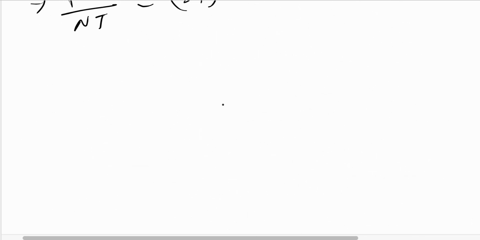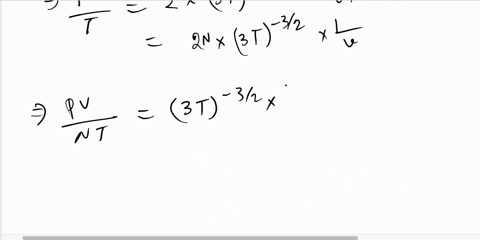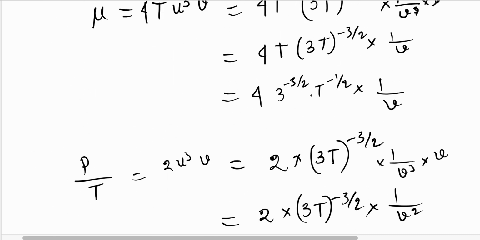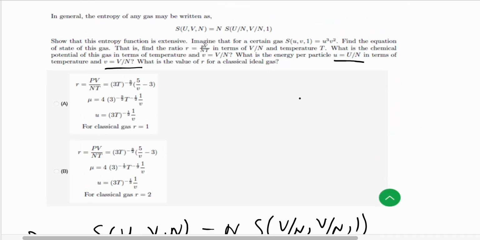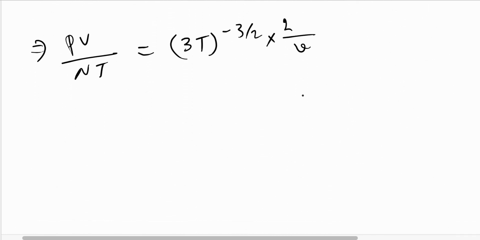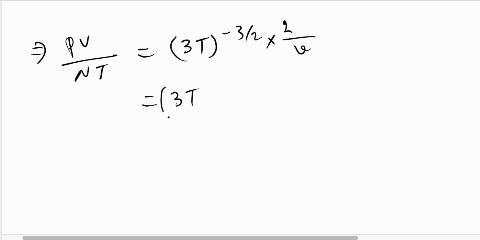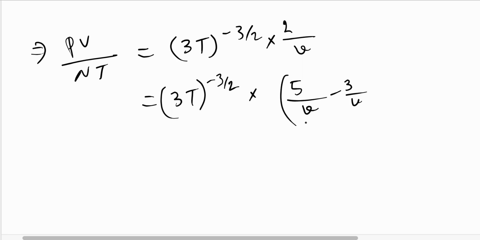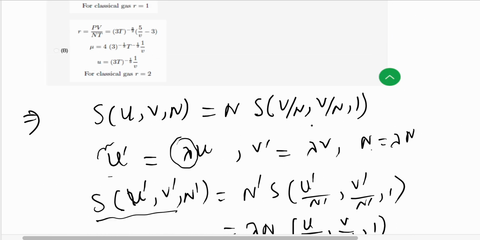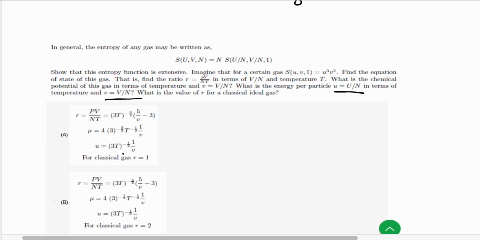It is actually 2 by V. So you can write it as T to the power minus 3 by 2 into 5 by V minus 3 by V. There is no point in writing it in this fashion, but as we have to match the answer with these keys, you have to write it this way.